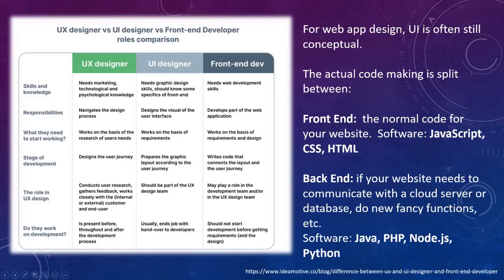And design usually means design in a graphical sense, not necessarily designing the software. That's implementation side stuff. And in the web development world, the next step after you get a wireframed up design is called front-end development. Front-end development is the typical normal code for your website. So this is what people do when they just want to make a website for themselves or a simple app.